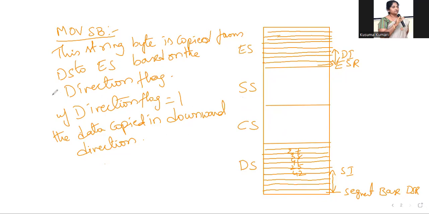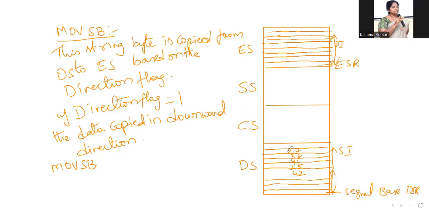That means we start from the top: the effective address here, in the source index register, and the destination index register also shows the top value. Now when we give the move string byte, what happens?